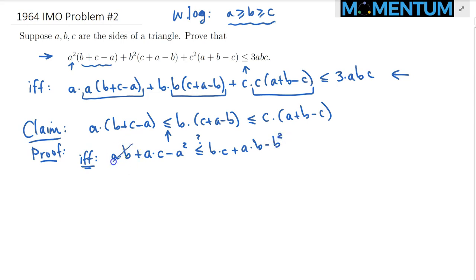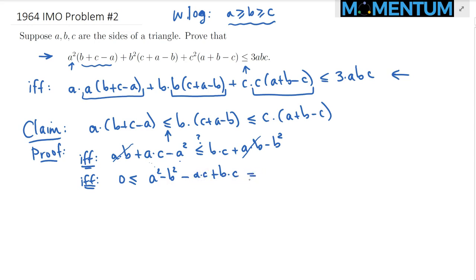It is clear that the AB terms cancel, and I'll go ahead and move everything on the left hand side to the right hand side. Again, we have an if and only if statement. 0 is less than or equal to A squared minus B squared, and then we also have minus AC plus B times C. And we can now combine these.